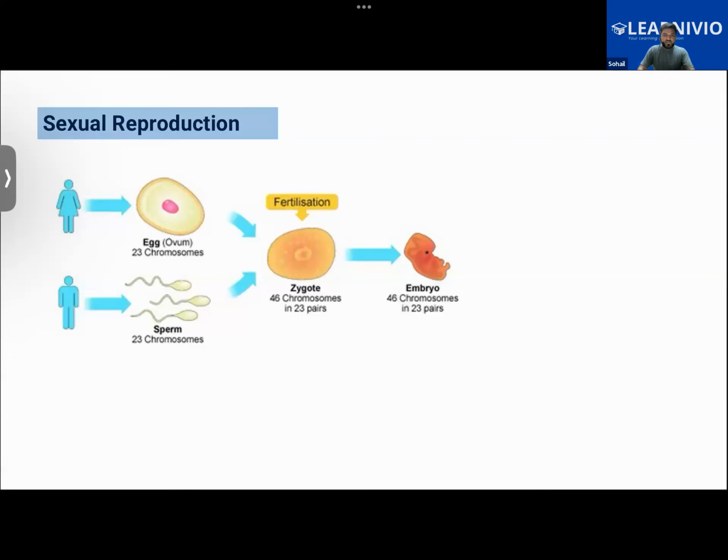Can anyone explain the structure of the nucleus to me? In a simple manner, we say that it's an organelle found inside most eukaryotic cells that controls the activities of the cell.